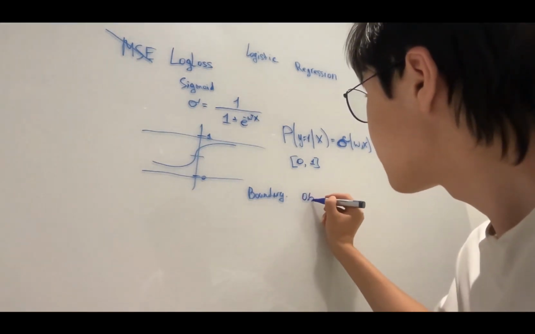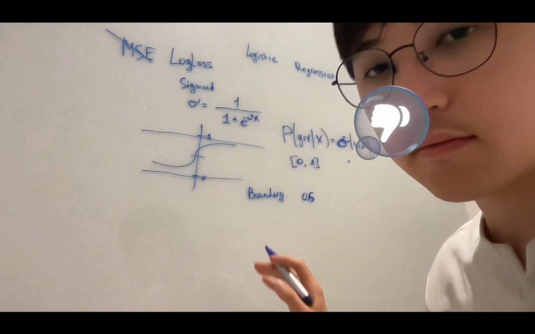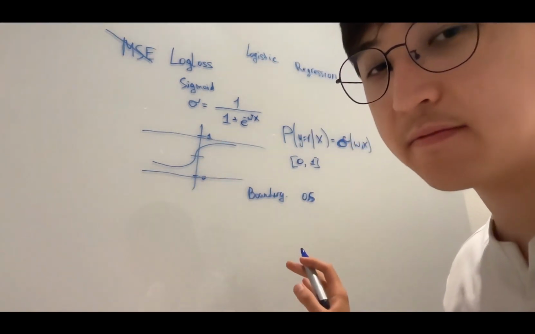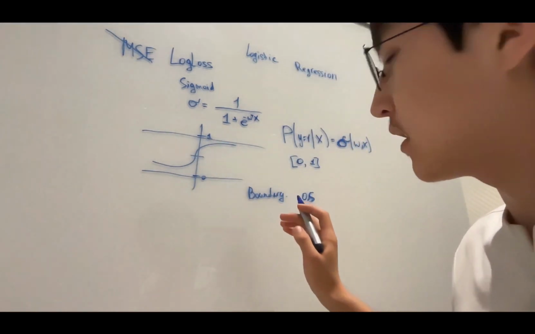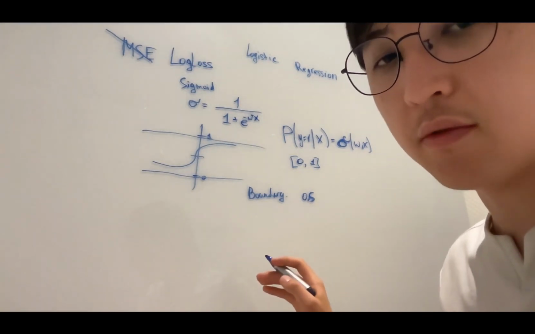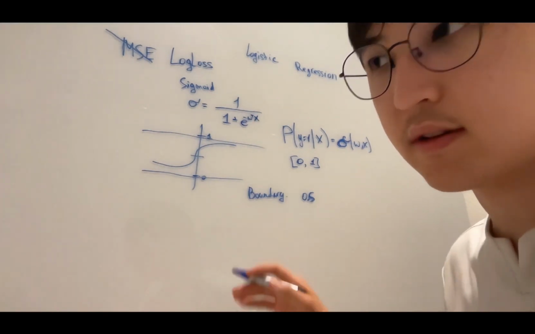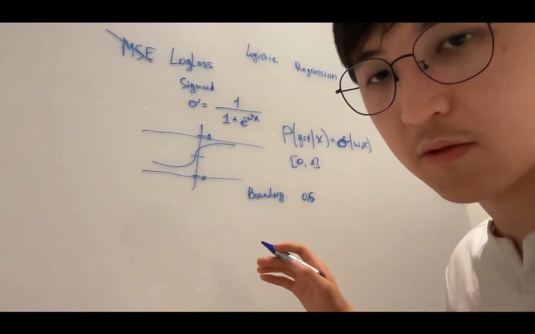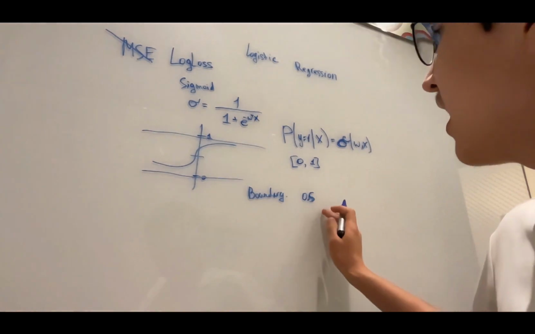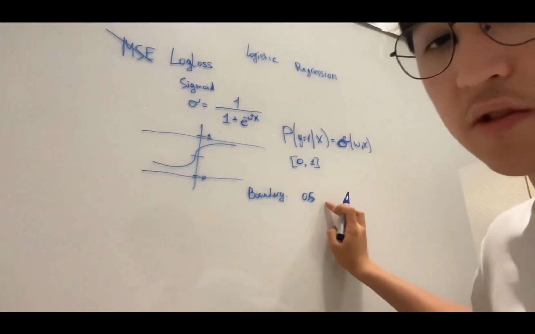Any value we receive, for example 0.5 or higher, I will say it's class 1. If I receive 0.3, I will say it is class 0. If it is higher than or equal to 0.5, I assume it is class 1.